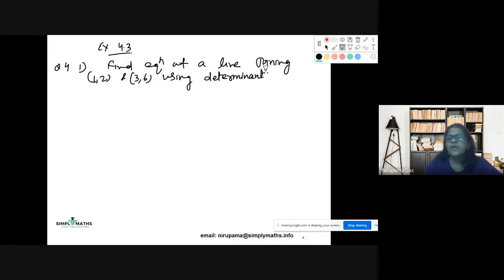But in case it is a subjective type question, you have to show the steps of the solution, and you have to show the determinant, how you are using this. So you have to find the equation of the line passing through (1, 2) and (3, 6).